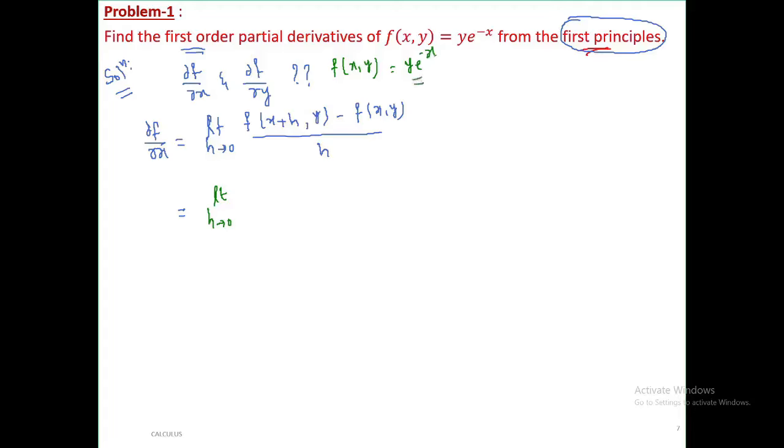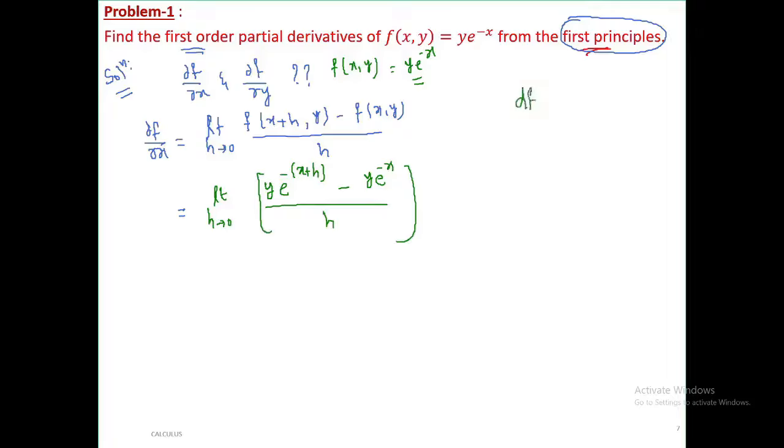So instead of x, you write x plus h, instead of y, just y only. So y into e power minus of (x plus h), minus f of (x, y), that means y into e power minus x only, divided by h.